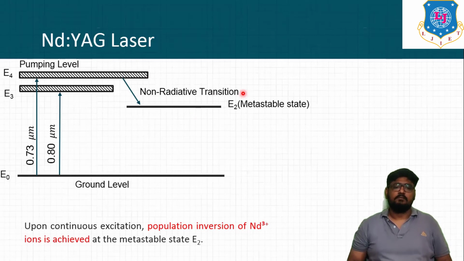Now, over here, as you can see, a non-radiative transition takes place and a population inversion takes place. Okay, so upon continuous excitation, population inversion of Nd3+ ions is achieved at the metastable state E2. As you can see over here, from E3 and E4 a non-radiative transition takes place and population inversion is achieved at the metastable state E2.